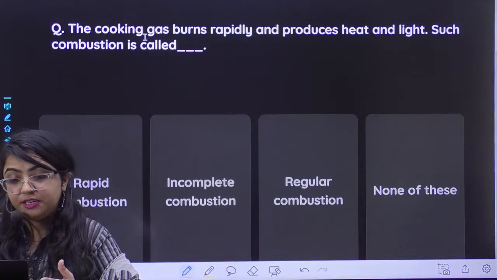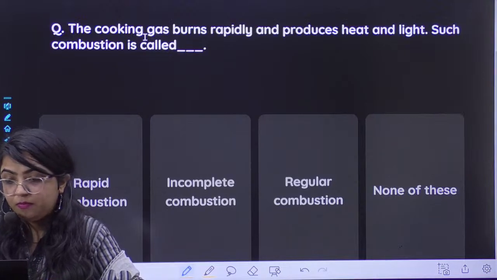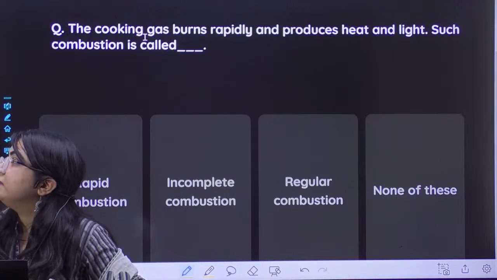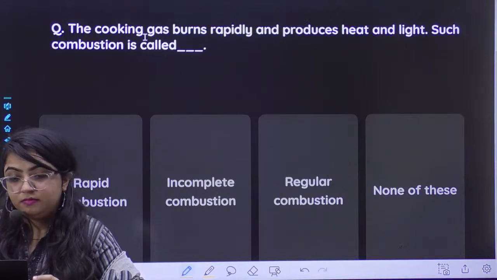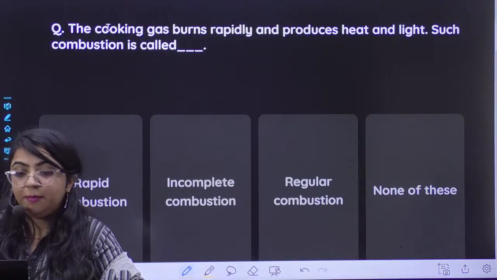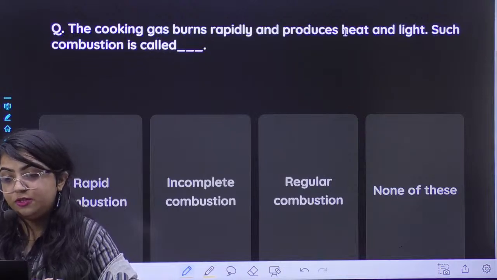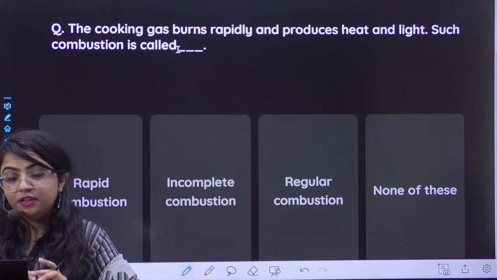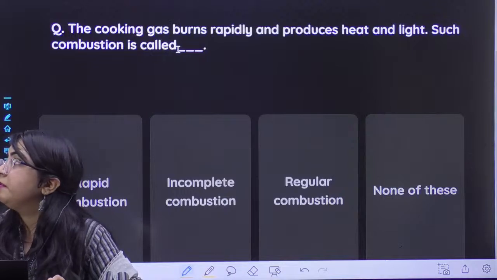I hope this question is clear to all. I'm repeating again, the cooking gas burns rapidly and produces heat and light. Such combustion is called. तो ये कौन सा टाइप ऑफ कंबशन है, मेनली हमें ये आंसर करना है इसमें.